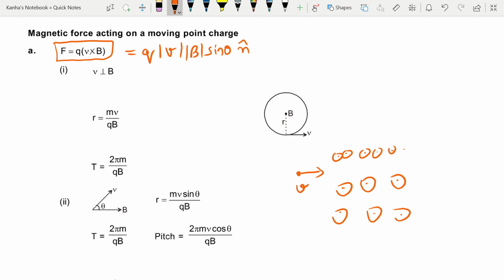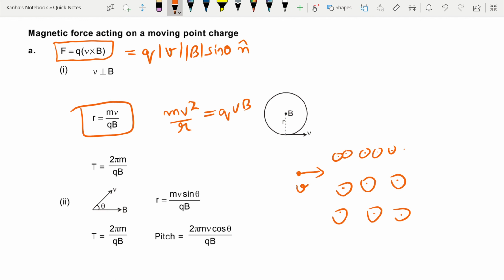Now if they are perpendicular, then sine theta is equal to 1, and this particle goes in circles, so the force will start acting on the particle and it will start to form complete circles. The centripetal force mv squared by r will be provided by qvB, which will give me the radius of the circle as mv by qB.